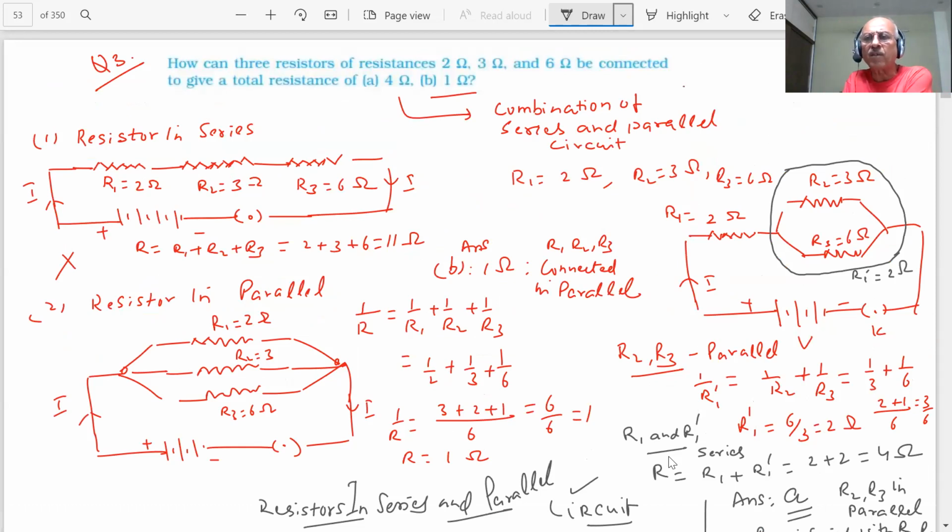You can find that value also. That will be a different value. If I take 6 ohms here, 2 and 3, that will be another different value. So by changing the resistor circuit, student, we can change the effective resistance in a given circuit. And they are of great use, student, in electronic devices.